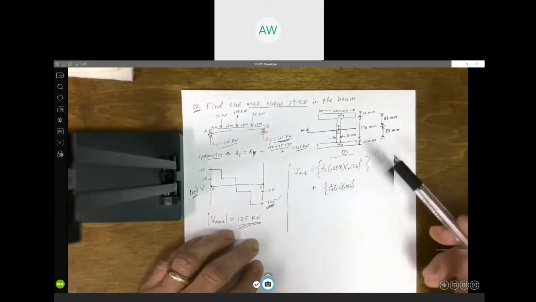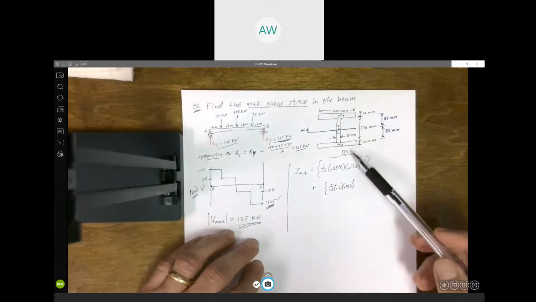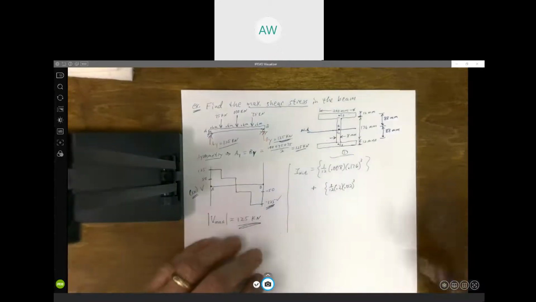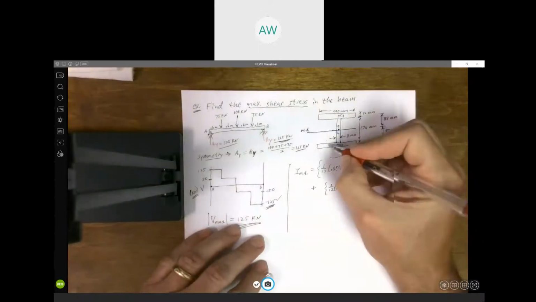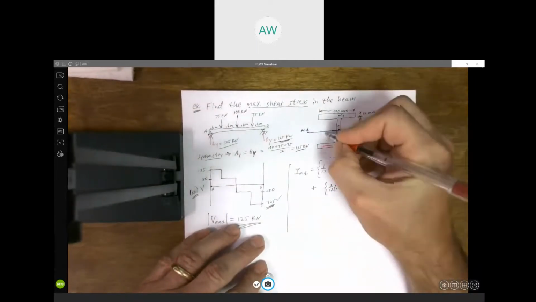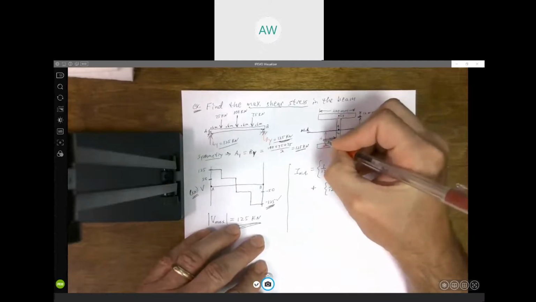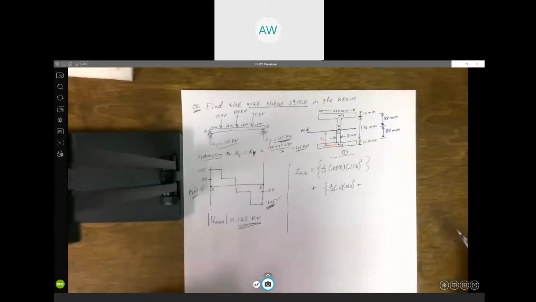All right, so that's 1/12 base times height cubed for rectangle 2. But here we do have to add A D squared, because this centroid is not located on the neutral axis. It's located that distance away from the neutral axis.